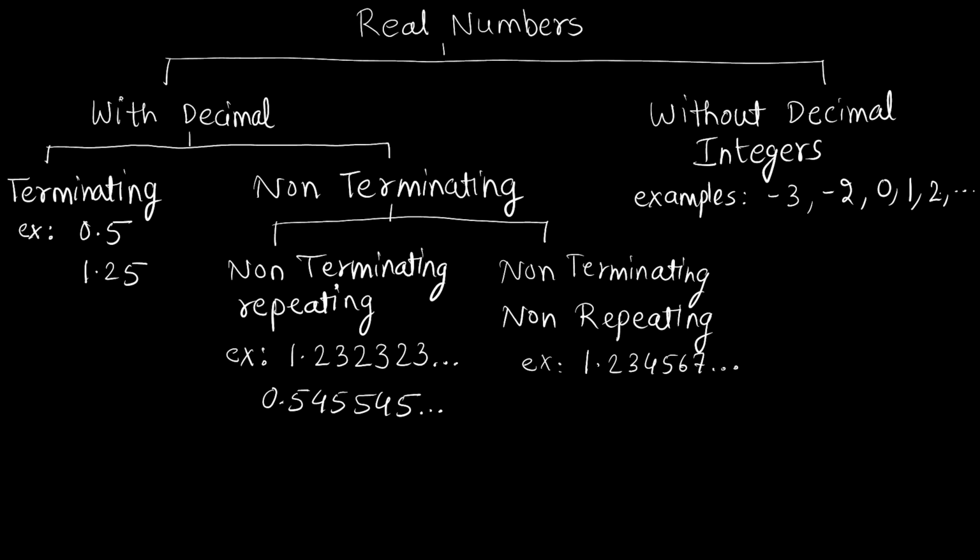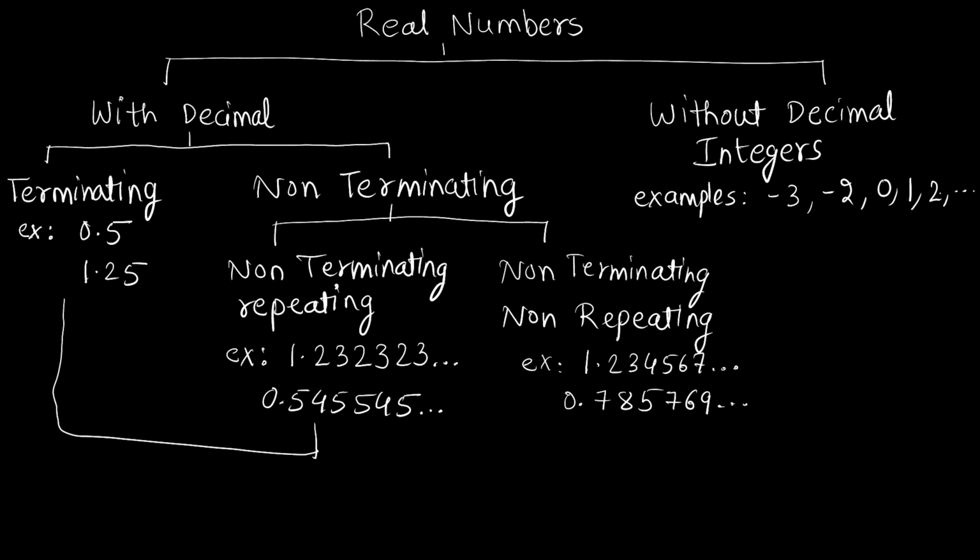In this decimal expansion it is not terminating after a certain point, as well as it is not repeating. Same way you can consider another example as 0.785769. Here also you can see there is no pattern, right? So 785, 769, nothing is repeating. There is no pattern which keeps on repeating. Therefore it is called non-terminating, non-repeating.